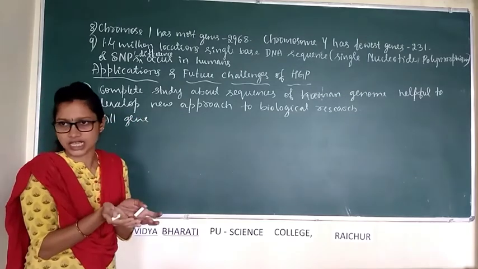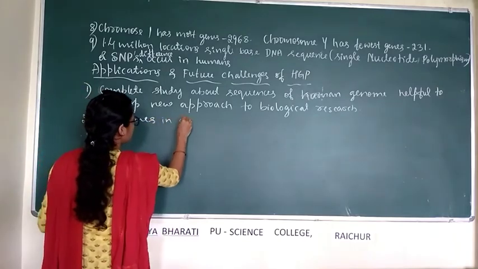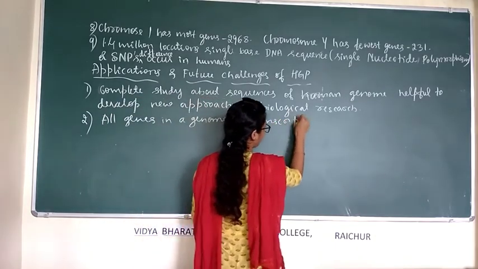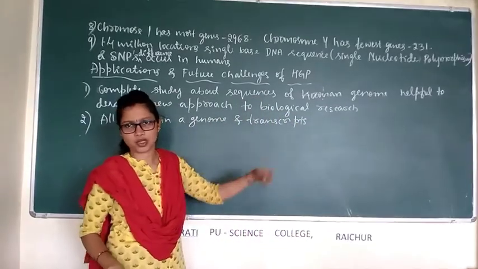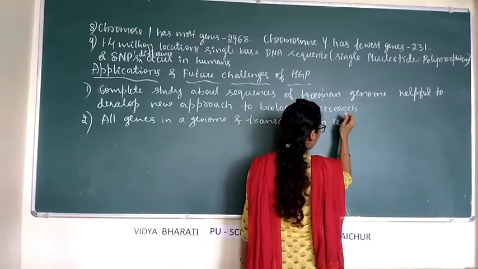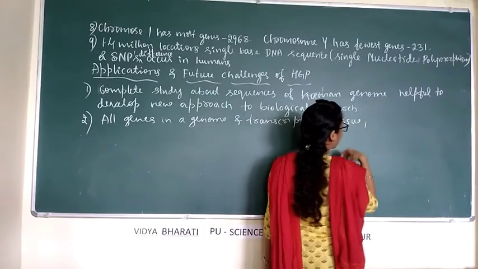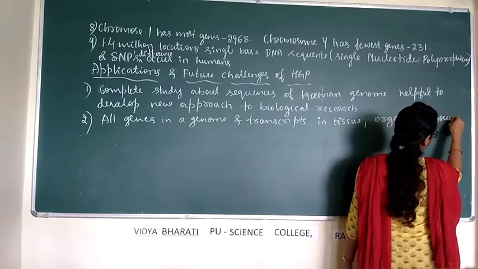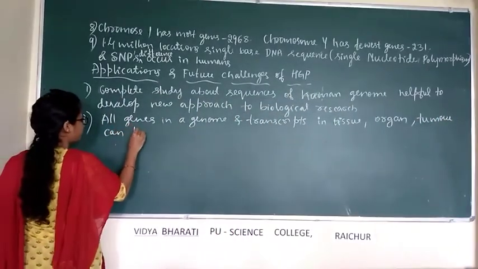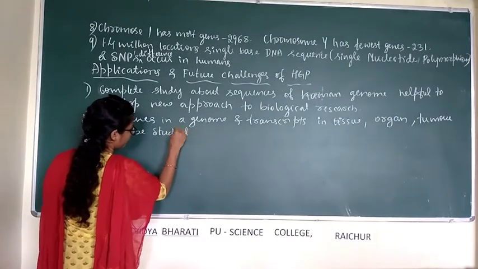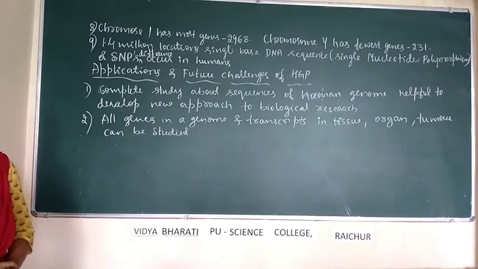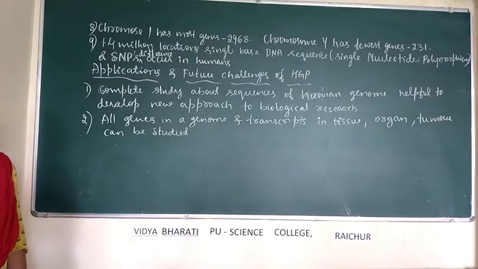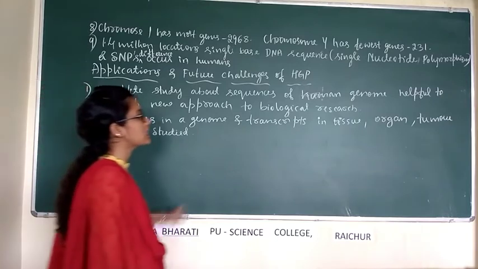A genome is a complete set of genes, right? All genes in a genome and transcripts, meaning RNA produced by the transcription process, present in a cell, tissue, organ or tumor, can be studied.